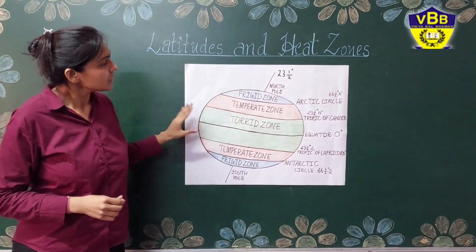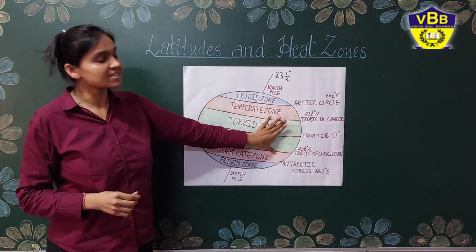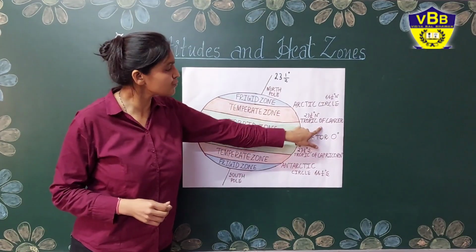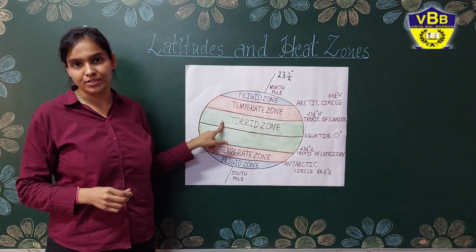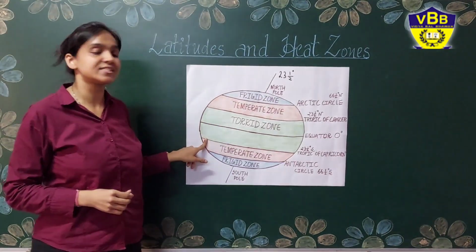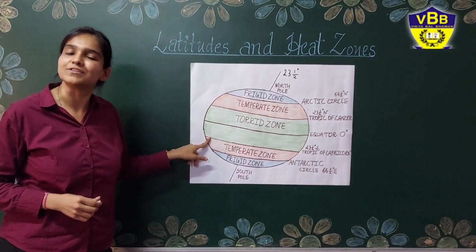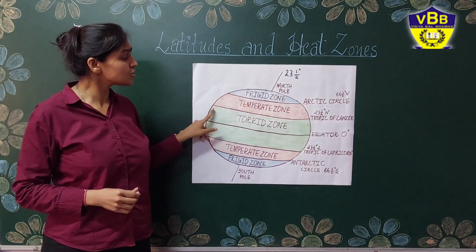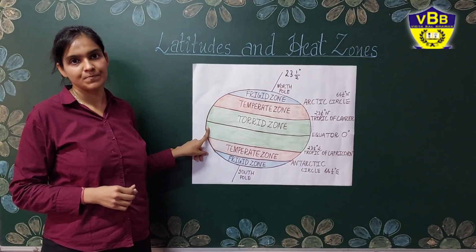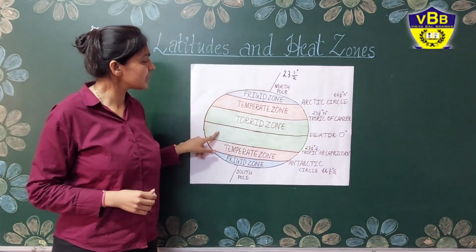First of all, the zone or the surface of the earth between the Tropic of Cancer and the Tropic of Capricorn is known as the torrid zone. This zone receives the vertical rays of the sun. That's why the places lying in this zone are the hottest, and the temperature is very high.